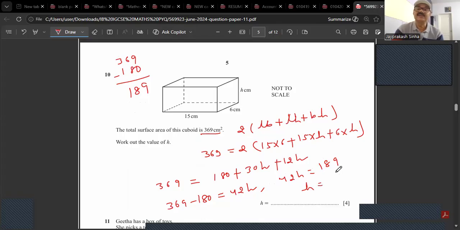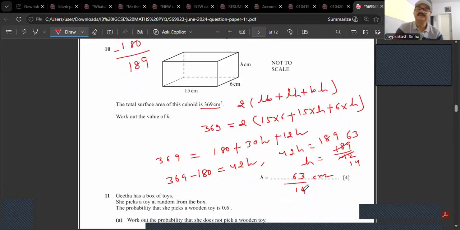So H is equal to what? 189 upon 42. Both the numbers are divisible by 3, so this will be 63 by 14. So you can write this as 63 by 14 centimeter. You can write in decimal also, no problem.